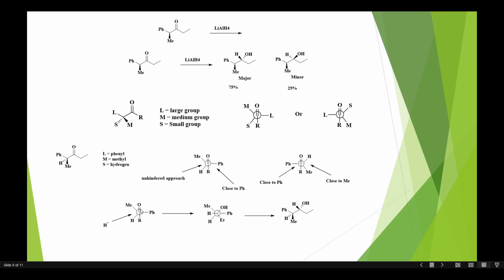Whatever your keto bond is, that will convert to the corresponding hydroxy group. We call that the corresponding alcohol group. After that, you draw from the Newman projection to the wedge position. How will you transfer?